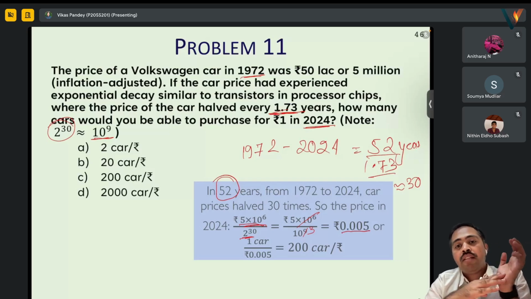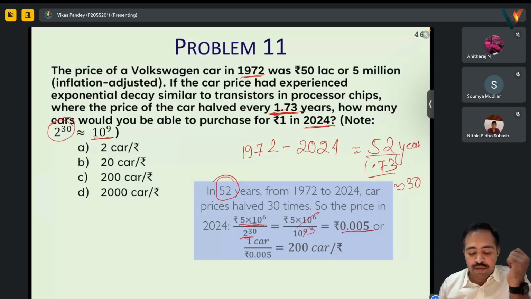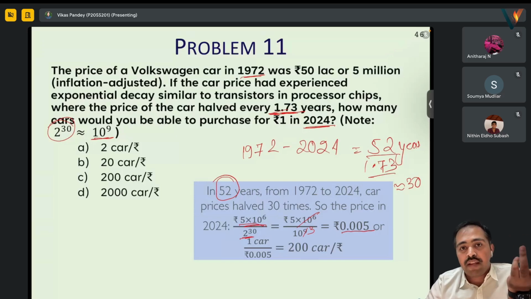That is how drastically the prices have decreased, but at the same time the performance has increased.